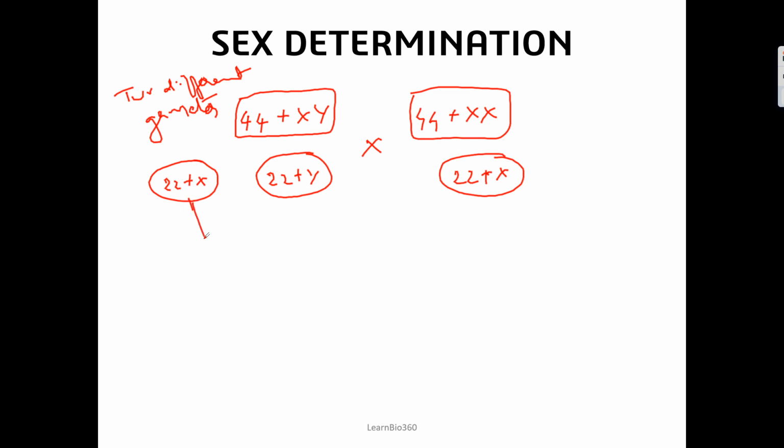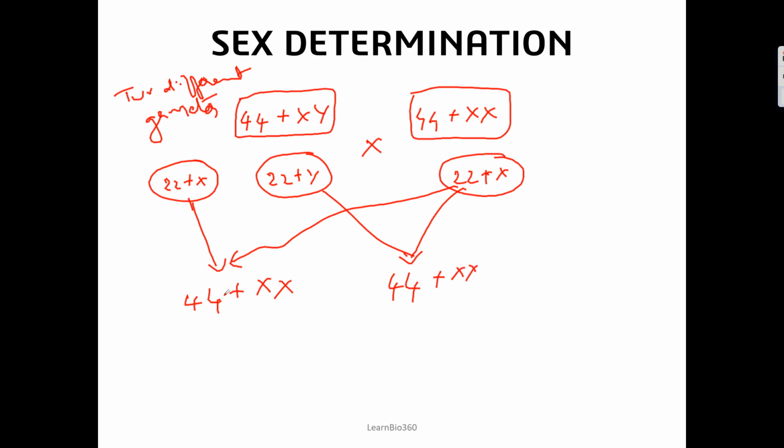So when this gamete fuses with this one, it will form 44 plus XX. And when this fuses with this one, it will form 44 plus XY. It means this combination will become female and this combination will become male.